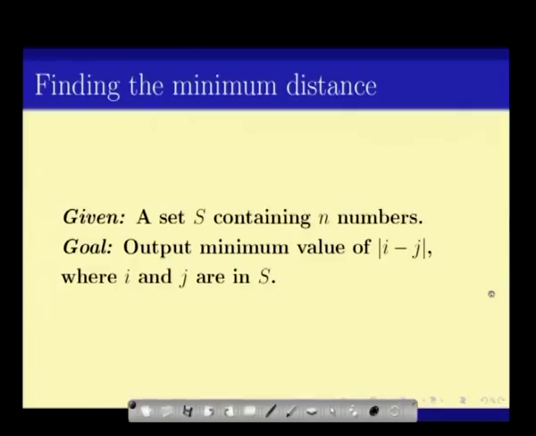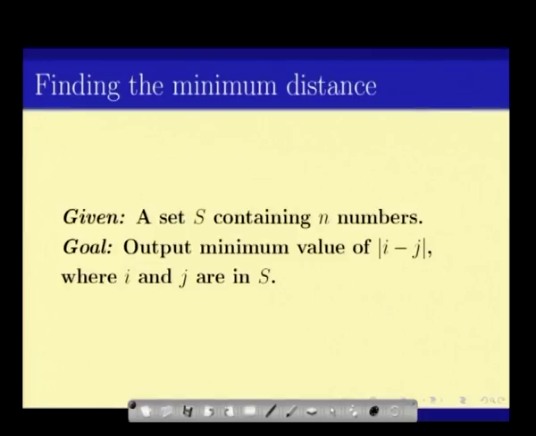This problem is about finding the minimum distance in a set. Again, we are given a set of n numbers, and we want to output the minimum value of i minus j, where both i and j are in S. Thus, we want to find the closest two numbers in S. Note that S is not sorted.